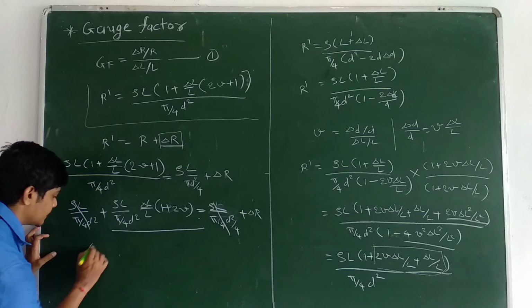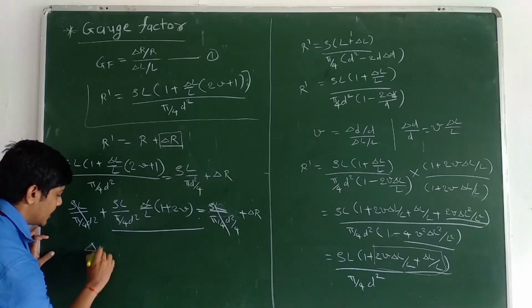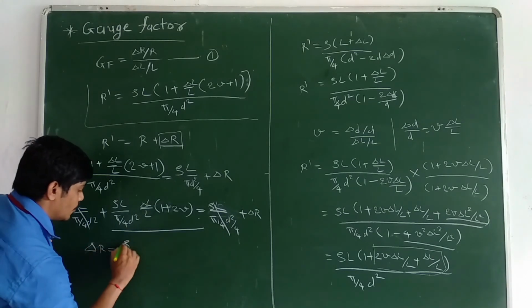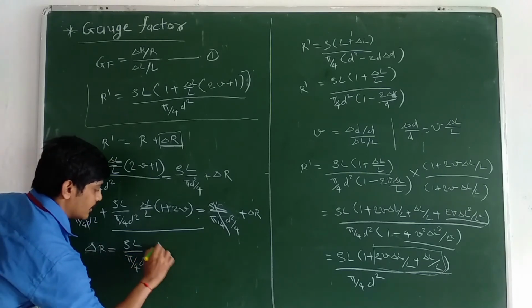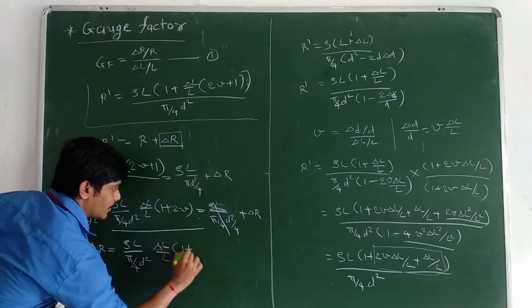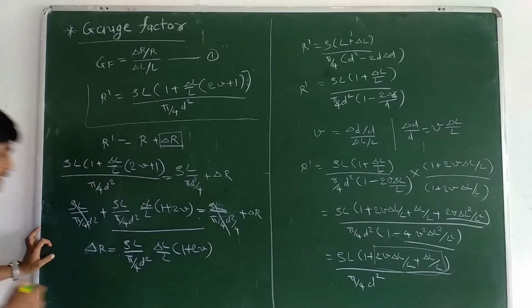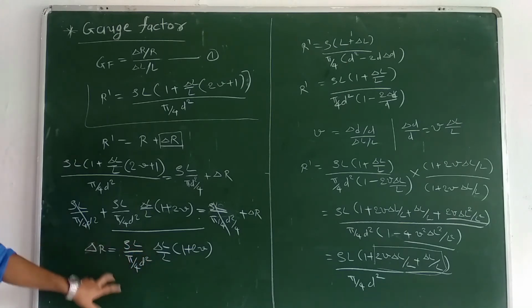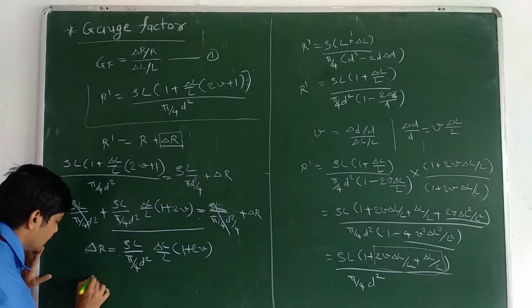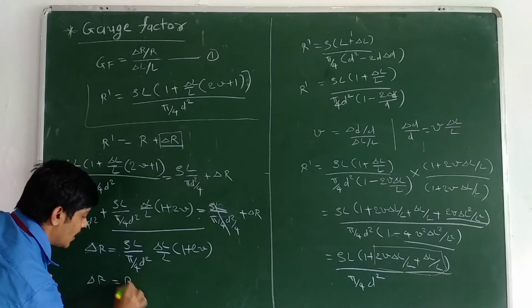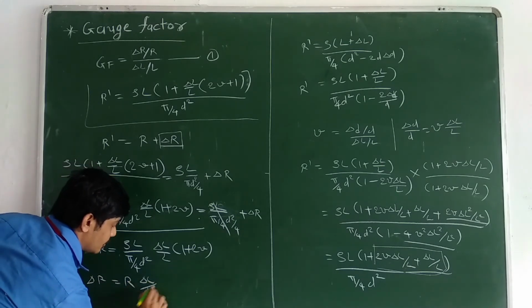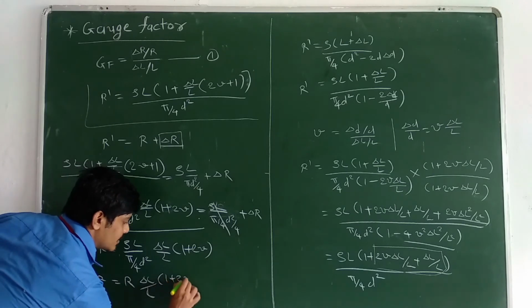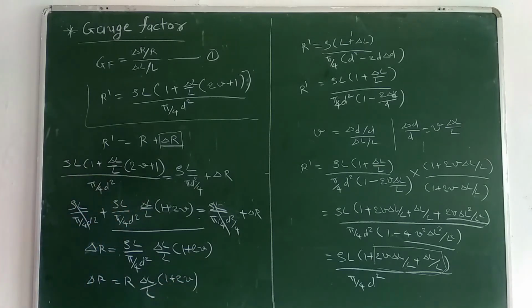So we can write ΔR is equal to ρL/(π/4 d²) times ΔL/L (1 + 2ν), right? And this is the equation of our resistance. So we can write ΔR is equal to R ΔL/L into (1 + 2ν), right?